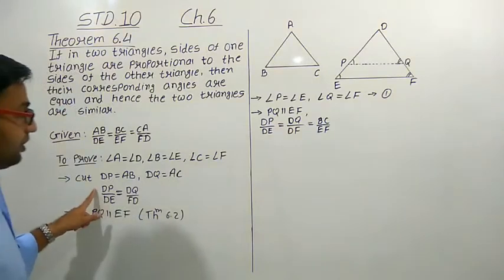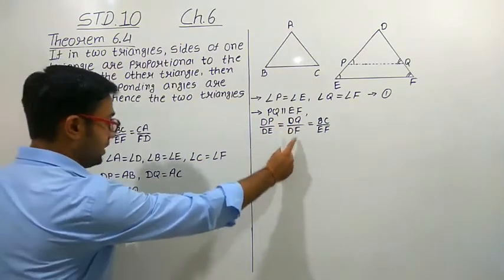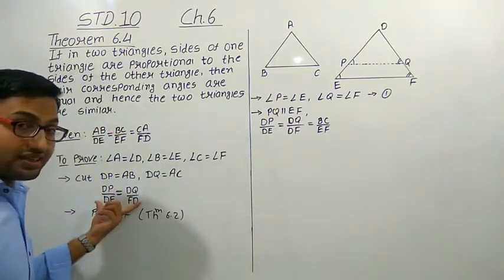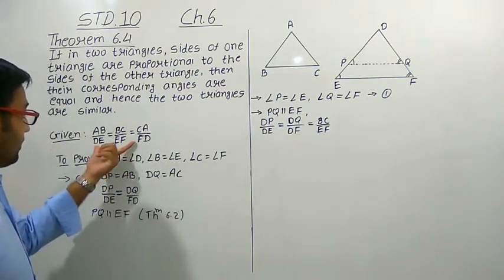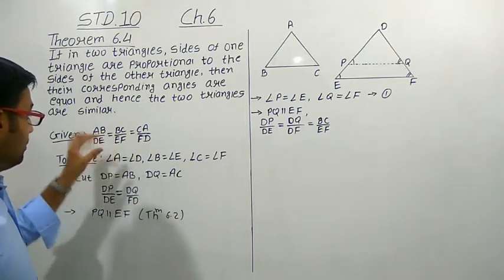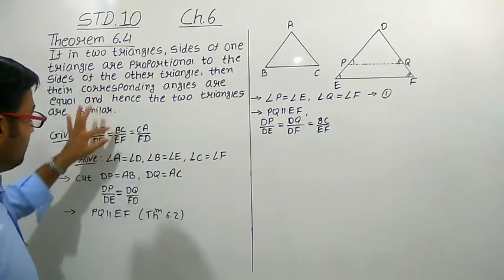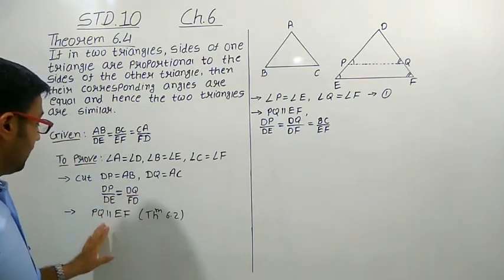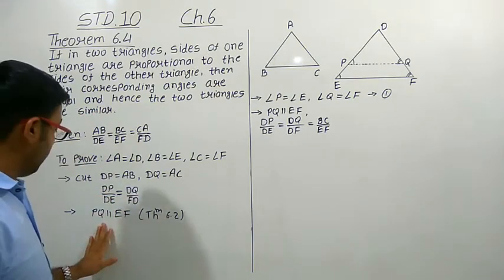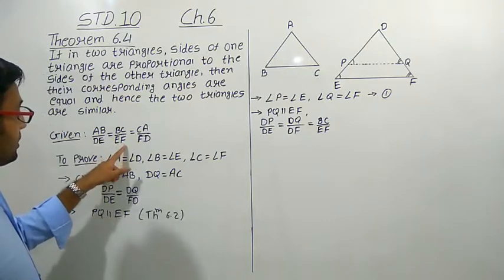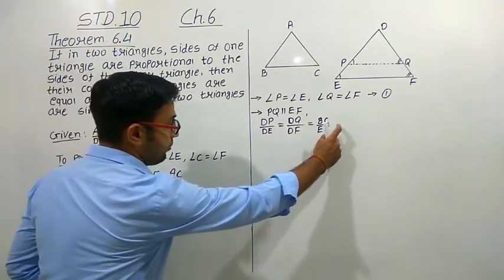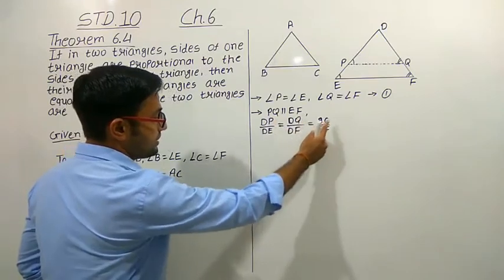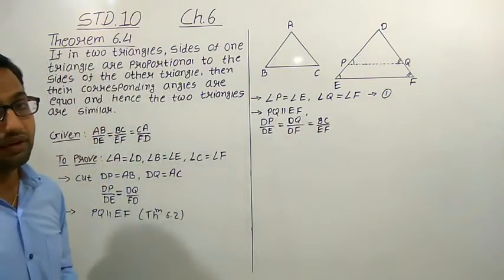Two things we have written down here, that DP upon DE is equal to DQ upon DF, and these two things we write down from here, from this result, right? So now we are using this BC upon EF. First time we do not use that because we have to prove that PQ is parallel to EF. So now we are using this. So that is why we have written it here. DP upon DE is equal to DQ upon DF is equal to BC upon EF.